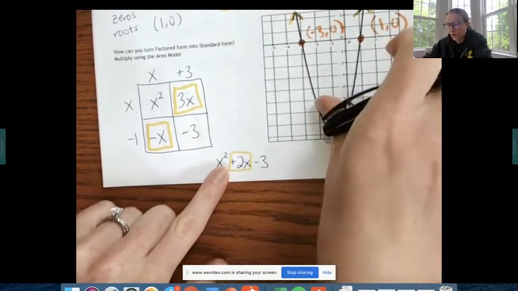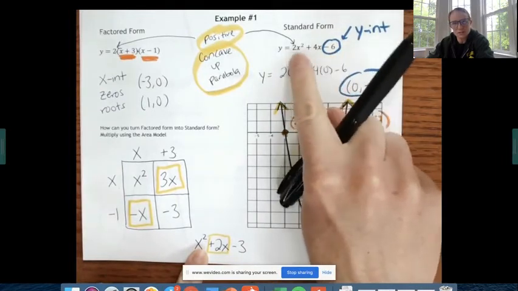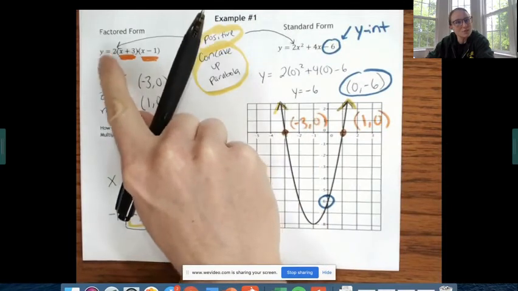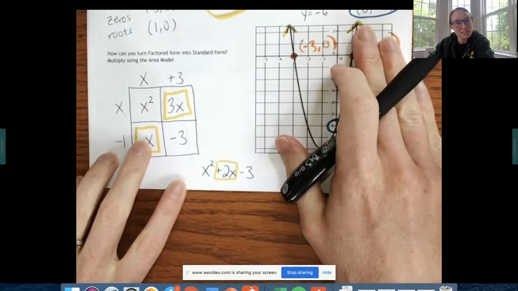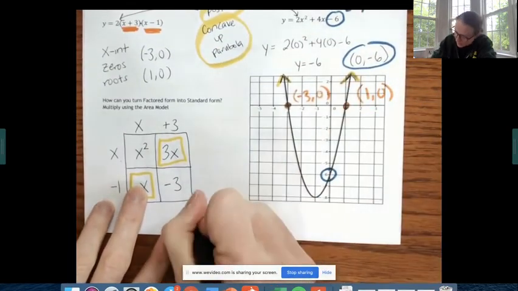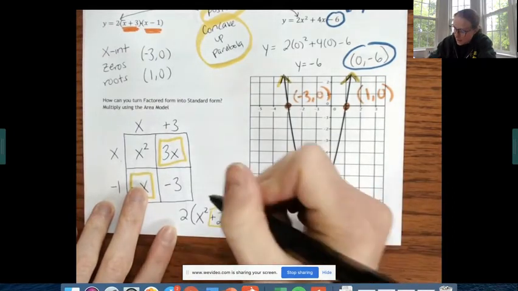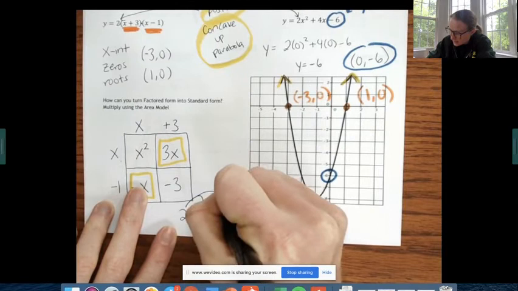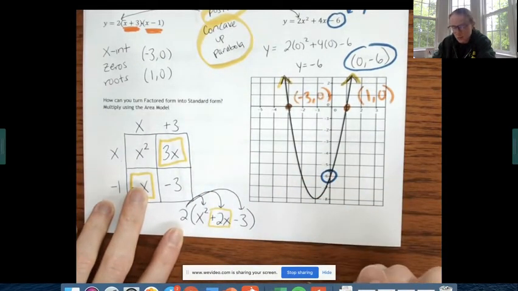Now this doesn't quite look like this yet. Let's see why. Oh, I forgot this too. We've got to multiply this 2 out to every single thing. So let's go ahead and add this 2 out to the front. We have to distribute that 2 to every single term.